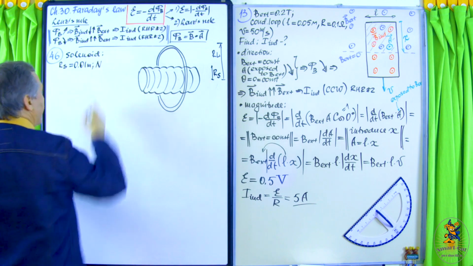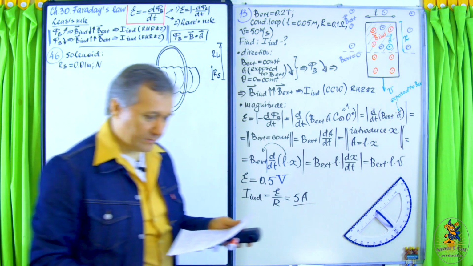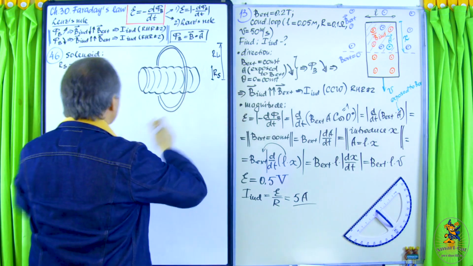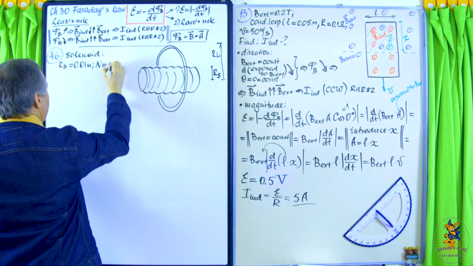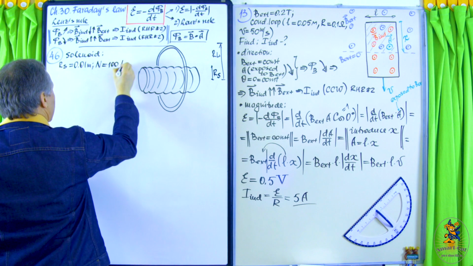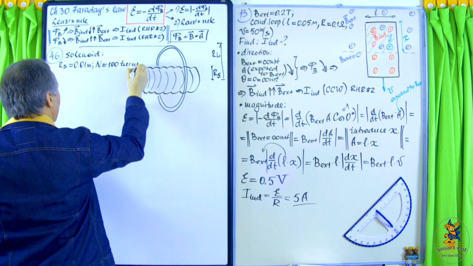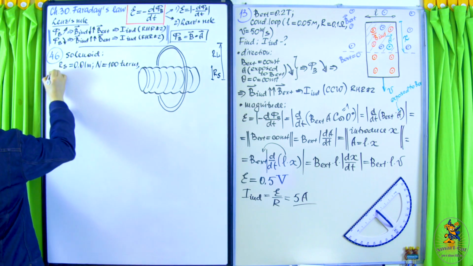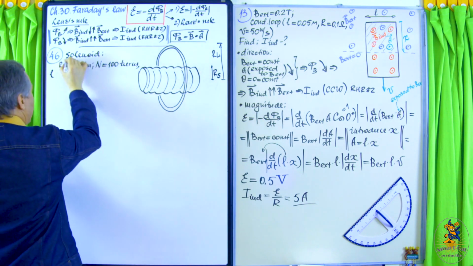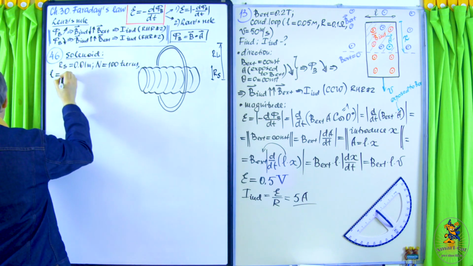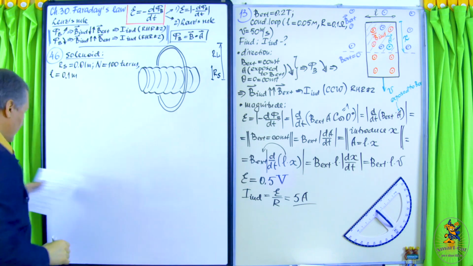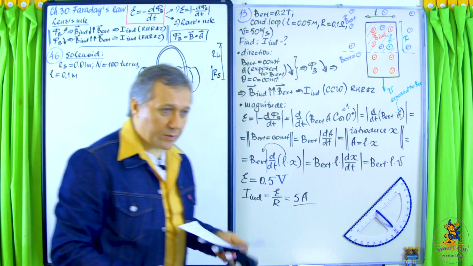Then the number of loops in the solenoid is given, 100 turns. The length of the solenoid is given. You see it's all related to the solenoid. Then length equals 0.1 meters. So that's the information about the solenoid.